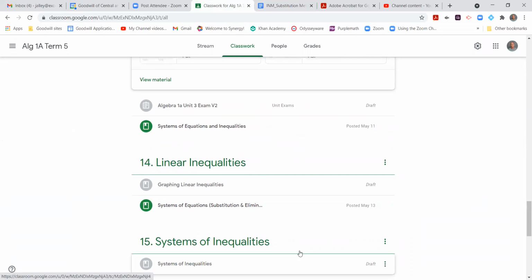Questions, anybody? That's going to be a good stopping point for us. So try some of those other problems on those handouts. We've got another week or so to practice on these because Thursday we will do inequalities on the graphs.